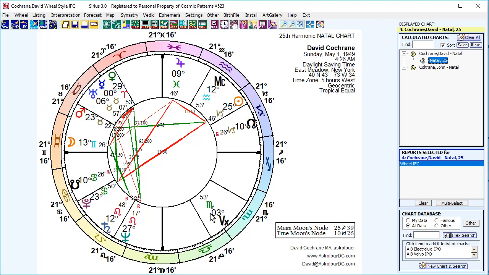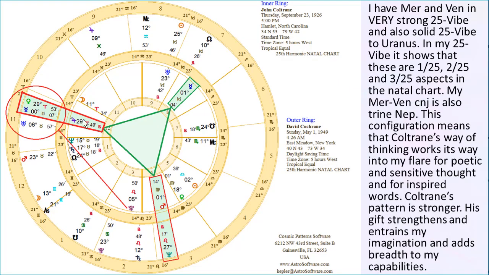The trajectory and development of it is being influenced, is being articulated by these powerful effects from the people that enter into our lives. That's the way to understand what's going on. Coltrane's large configuration is working in on this part of my chart.